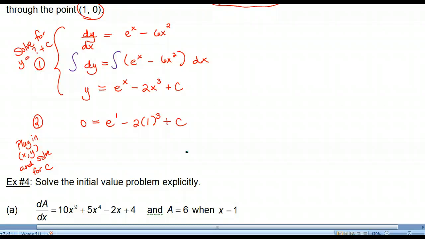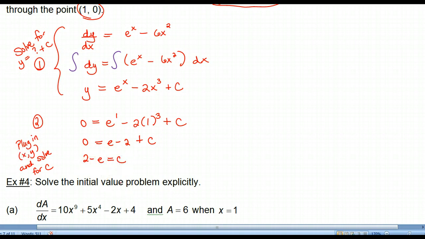Now, I end up with e minus 2 plus c. Yes, 1.7, well, okay, but here's where I want you to write exact. So if this is e minus 2 here, then 2 minus e would be my value for c. It's negative.